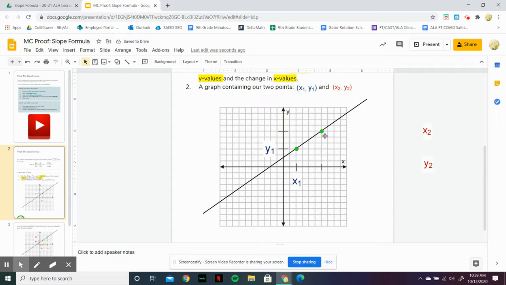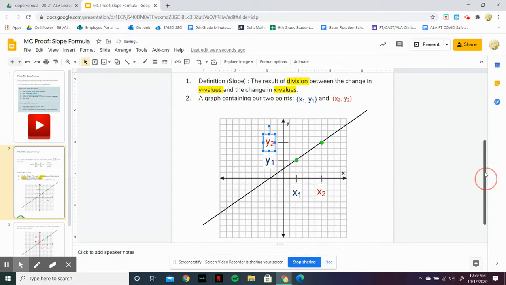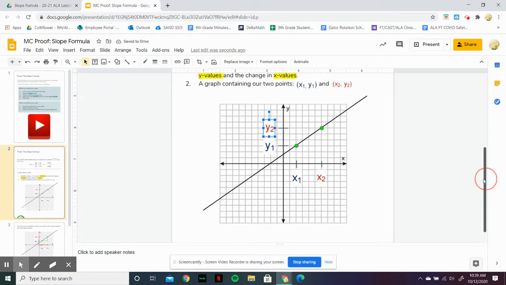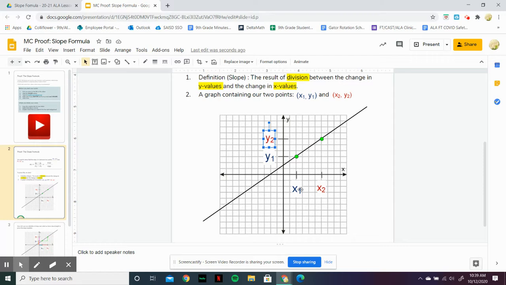And this second green dot has an x value of x2 and a y value of y2. So now we have our 2 points on the coordinate plane. And the reason why we're keeping them as x1, y1, x2, y2 is we want this formula to be true for any 2 points. So we're going to use variables instead of choosing numbers.